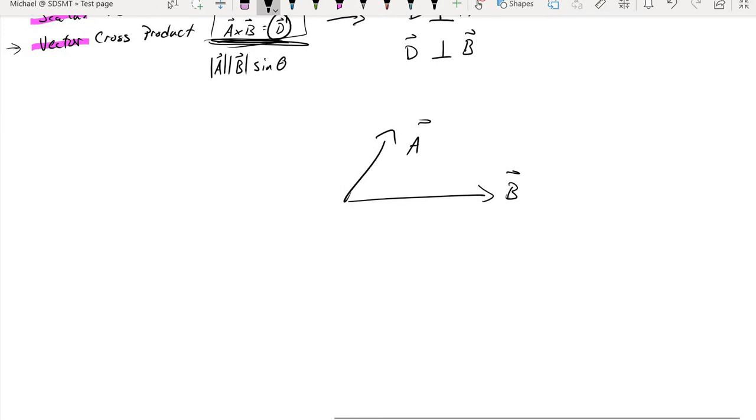So how do we label a vector that's pointing into the board or out of the board so that we know and recognize it, and that everybody else who's looking at our work knows and recognizes it? Well, remember that vectors are arrows. If you had an arrow that you shot out of the page, in other words, this arrow is coming at you, it's coming right at your eye, what part of the arrow do you see?